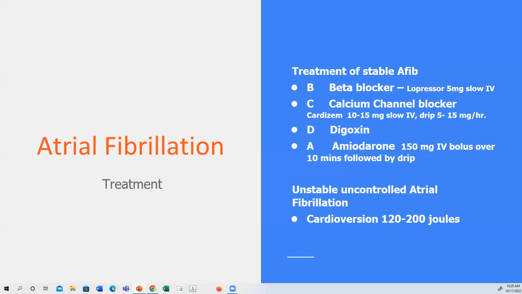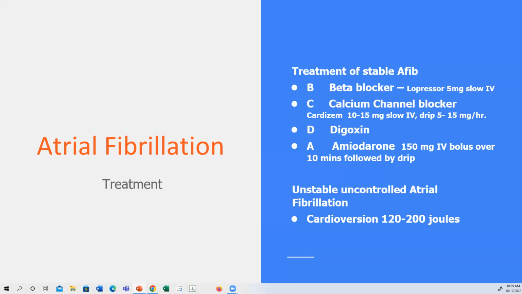Anyway, beta blockers. The other thing is C for calcium channel blockers. An example of that would be Cardizem, 10 to 15 milligrams slowly by IV. Digoxin could also be given. And of course, A stands for amiodarone.